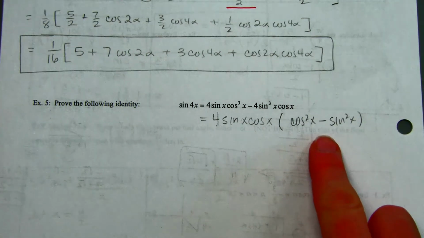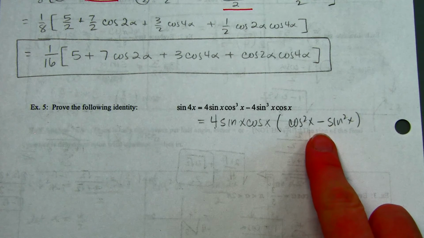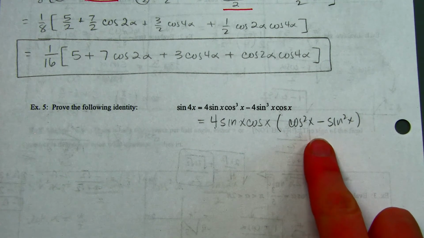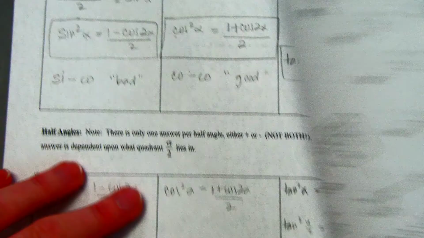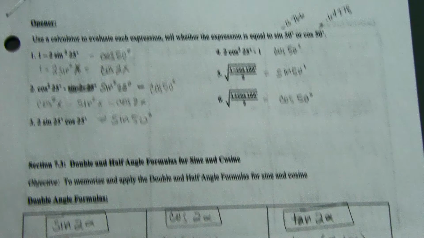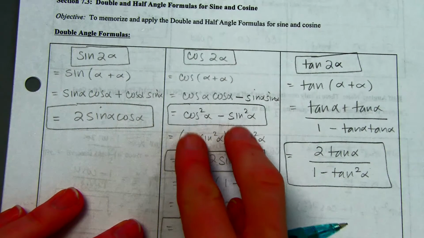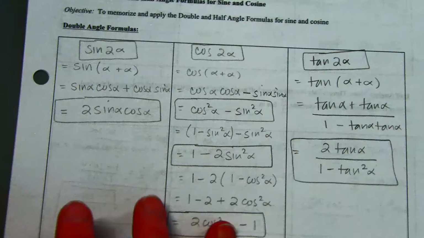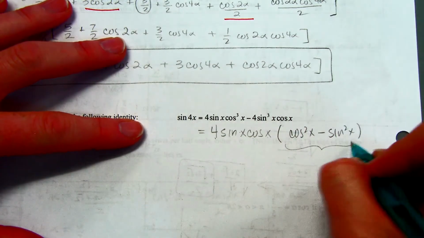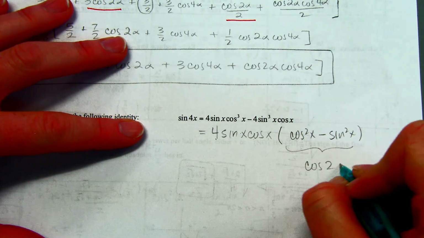Is that equal to 1? No. Okay. So, go ahead. Yeah, so you've got a cosine 2x. It's cosine squared minus sine squared. So this thing right here is a double angle formula. This is cosine 2x.